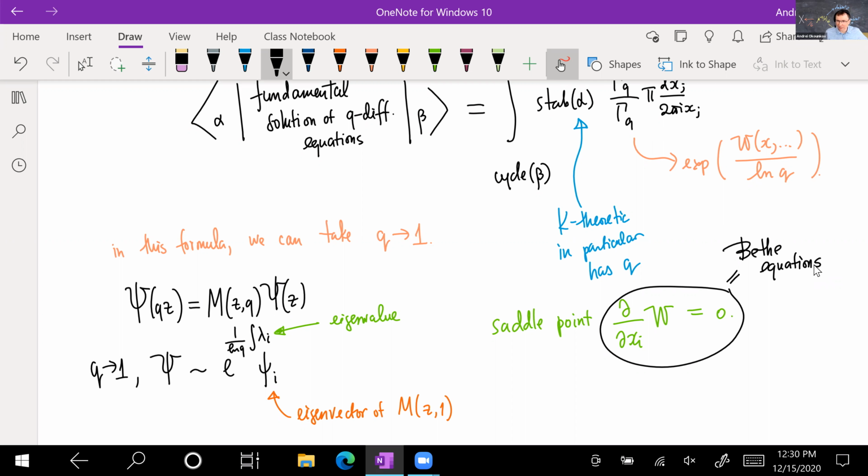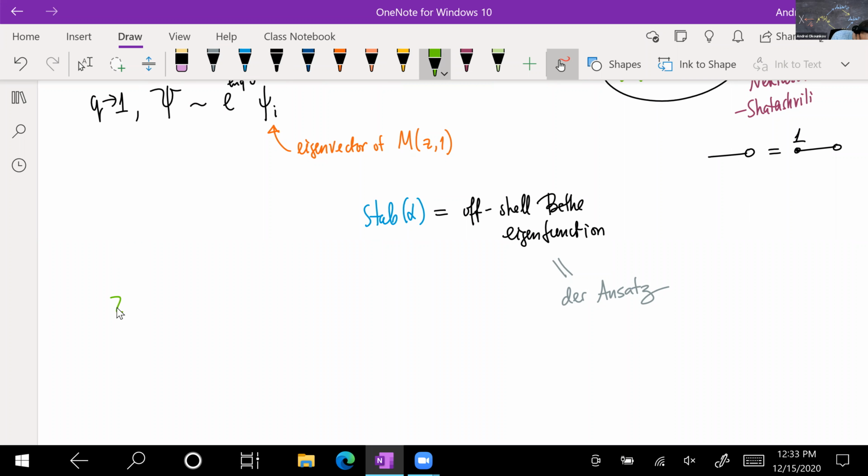And maybe I'll say it one more time. So z in this discussion is a parameter, similar to a quasi-periodic boundary condition in spin chains.